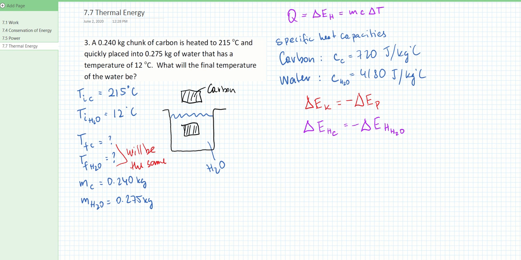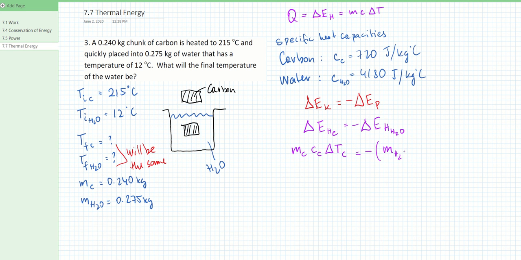So for carbon, we're going to have the mass of the carbon, the specific heat for carbon, so C subscript C, and then the change in temperature for carbon equal to negative. Now make sure you put a parentheses in front of this and essentially use the same equation, but now just use different subscript. You can use 1, 2 for both of them.